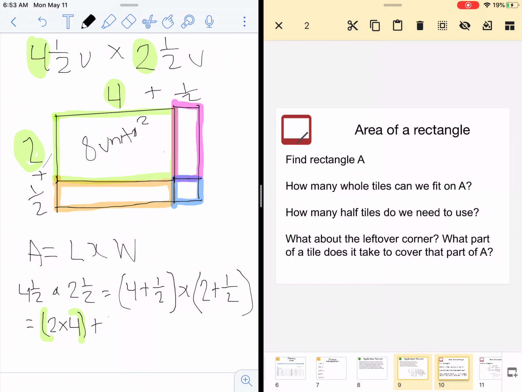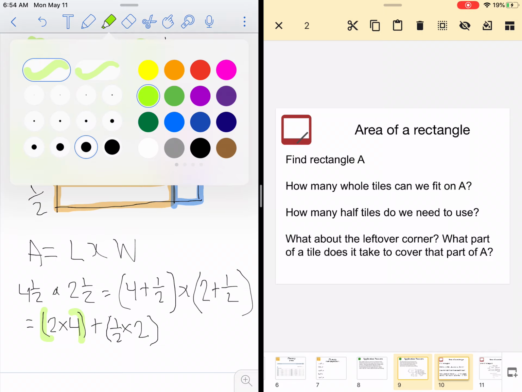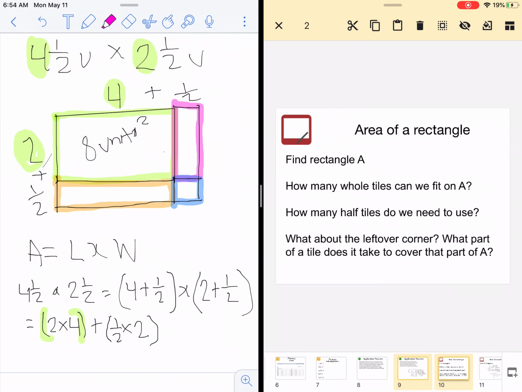The length is 1/2 times the width of 2, and I'm going to highlight that pink for you.